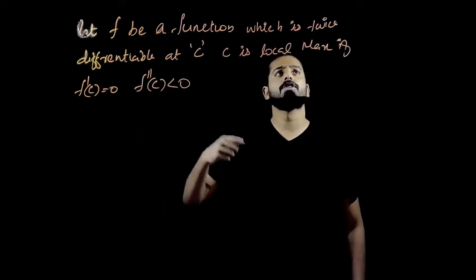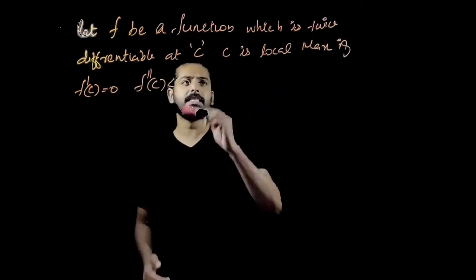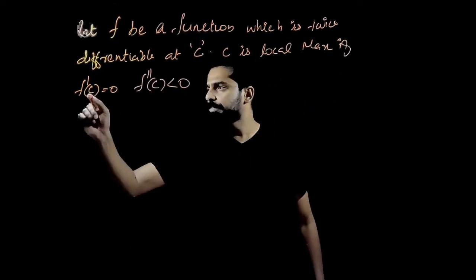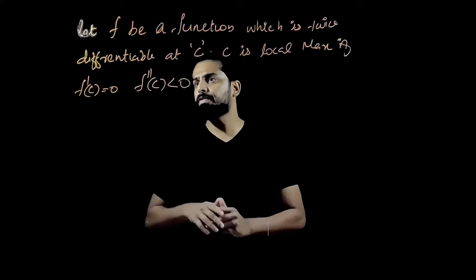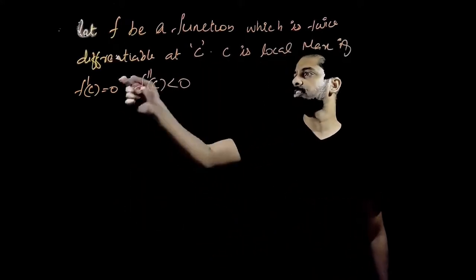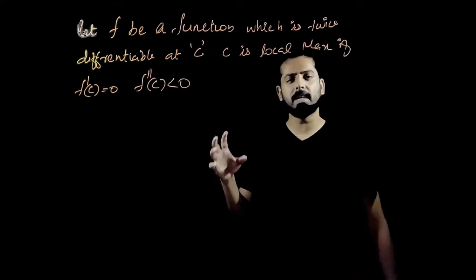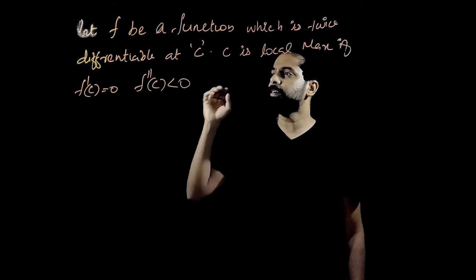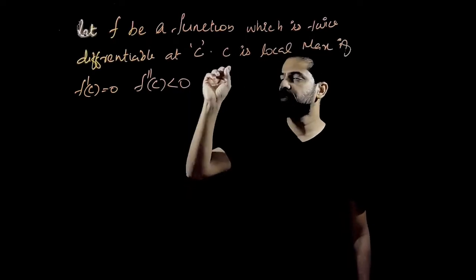Let f be a function which is twice differentiable at c. Then c is a local maxima if f dash of c is equal to 0 and f double dash of c is less than 0. Twice differentiable at c means the second derivative is defined at c.